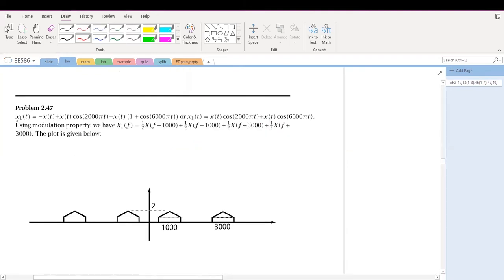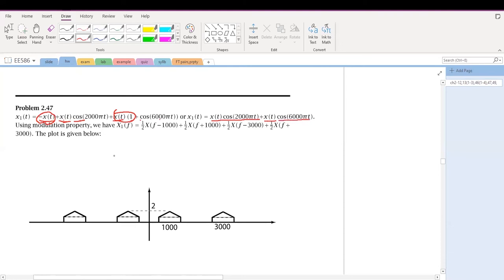Next question, obtain the Fourier transform of x1(t) equals minus x(t), all of this. We organize a little bit here, take out minus x(t) and x(t) here, and that equals x(t) cosine 2000 pi t plus x(t) cosine 6000 pi t.